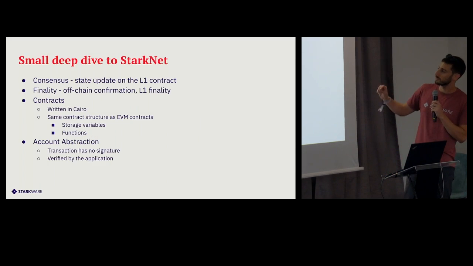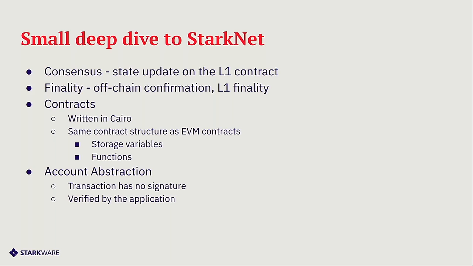Okay, so we tried to list the properties of StarkNet that are relevant from the developer perspective. Maybe we missed something, and if you have questions along the way through the demo or when you're writing, feel free to ask.